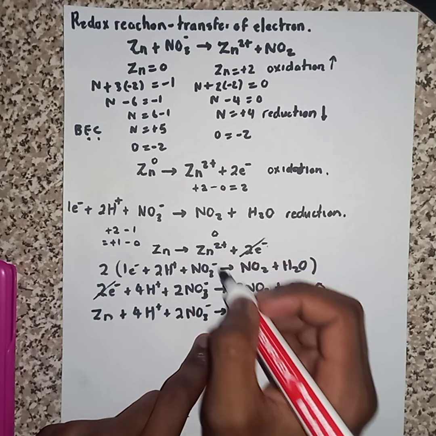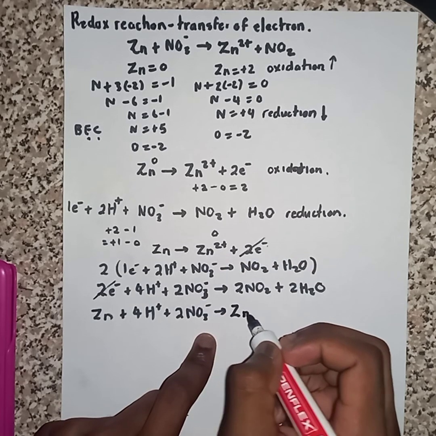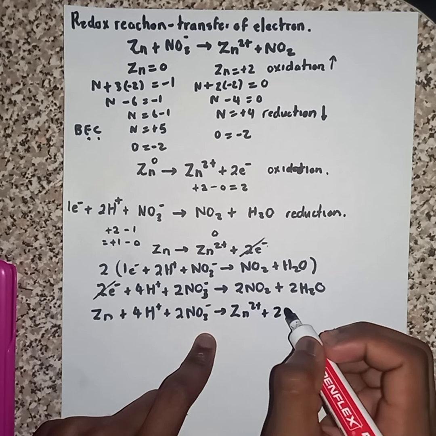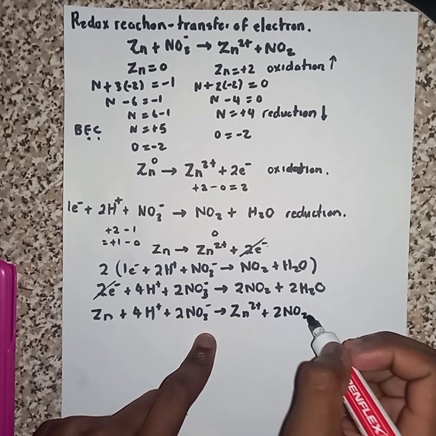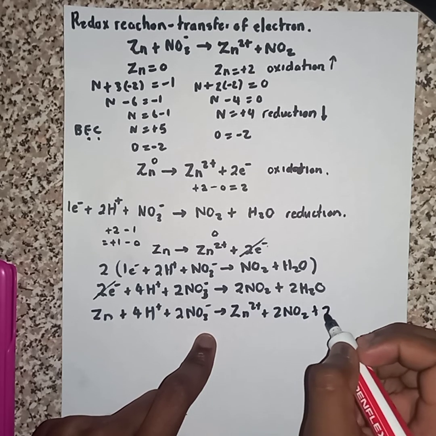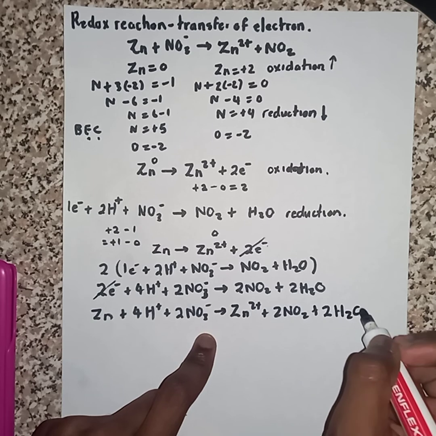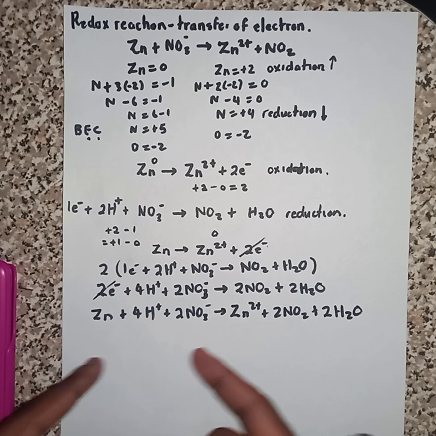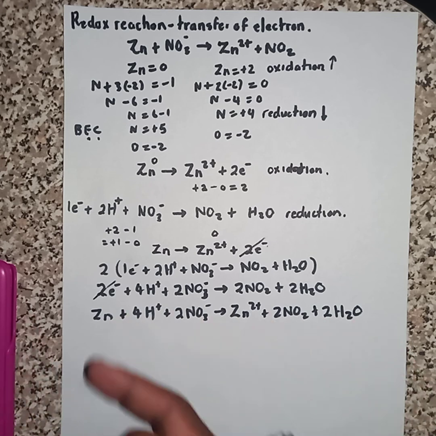On my right hand side, I have Zn 2 plus, 2NO2 plus 2H2O. You see, at this point, I have managed to balance my equation in acidic form.